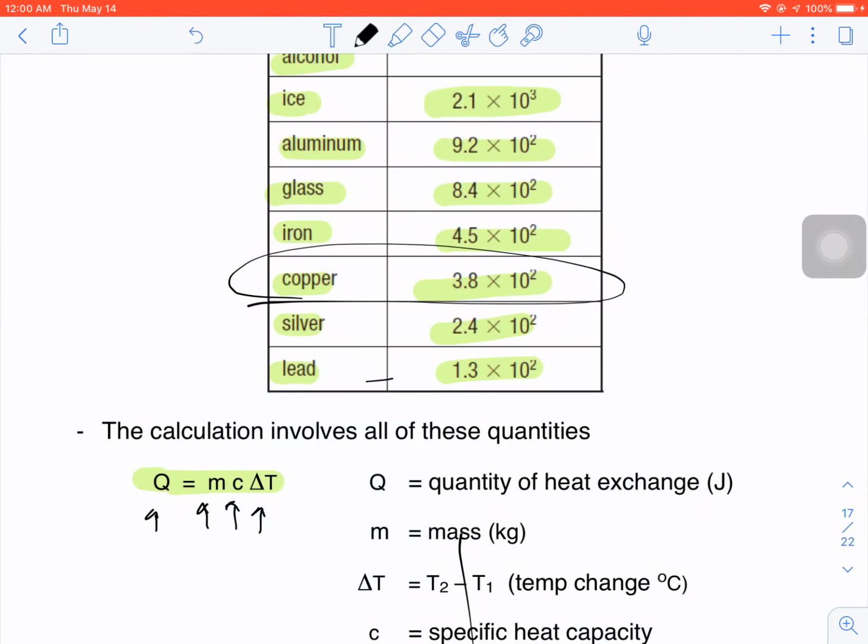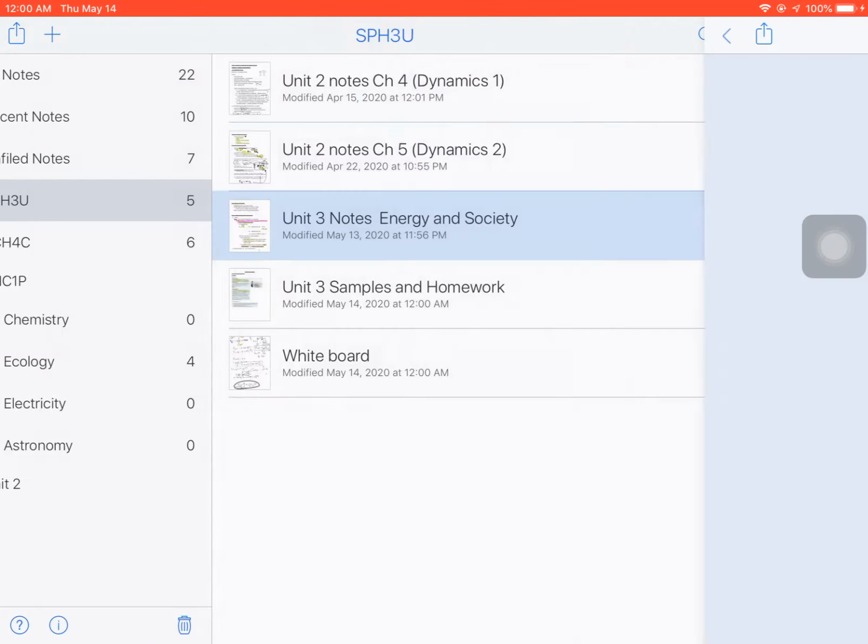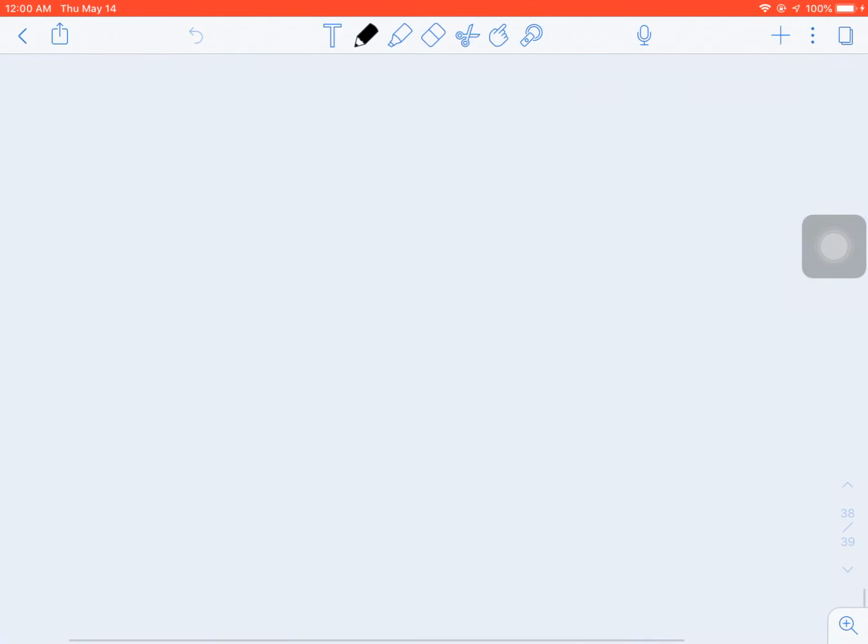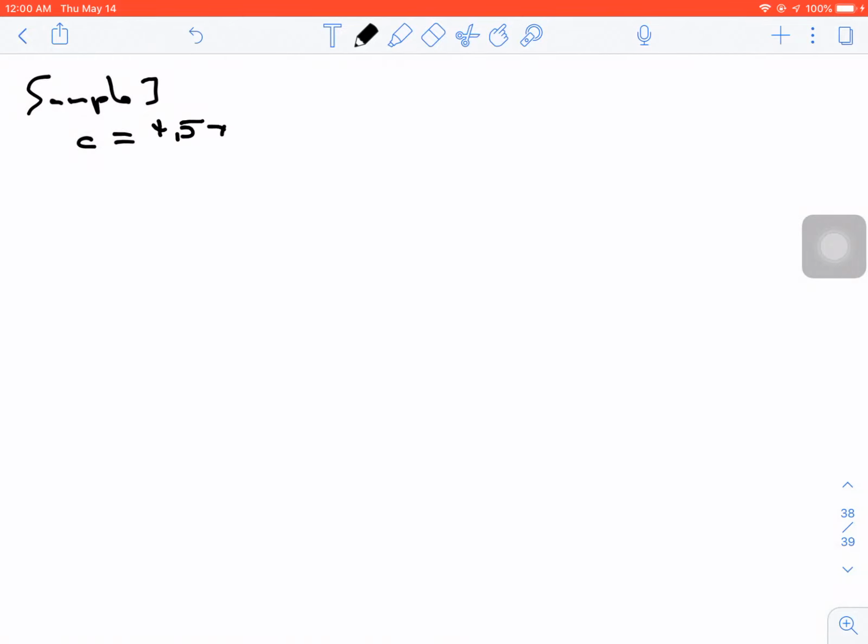Iron is 4.5 times 10 to the 2 joules per kilogram degree C.